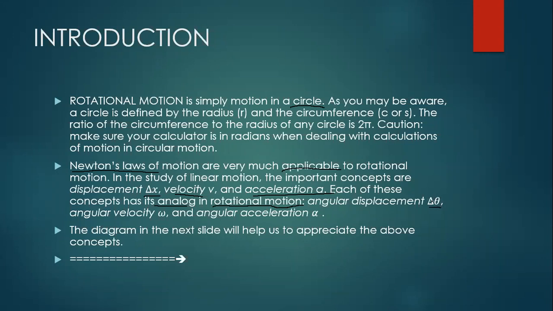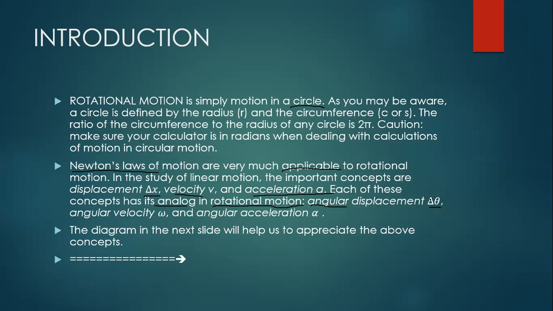So we'll be looking at this parameter here denoted by theta, which is the change in angle. It will be something analogous to displacement in linear motion. In fact, this one is called angular displacement.